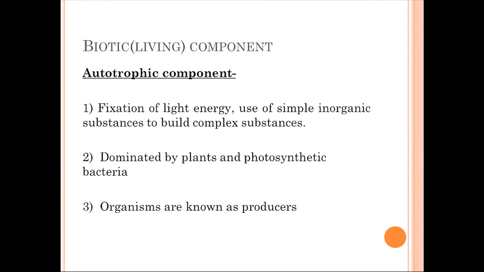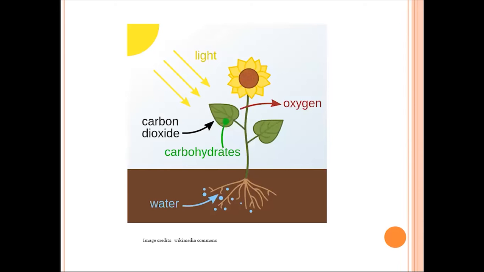Okay. Then, see, this is a very good illustration where you can see the sunlight is used by the plant in the leaf. It takes in carbon dioxide and water, and with the help of the pigment chlorophyll, it converts light energy into chemical energy and stores it in the form of carbohydrates.